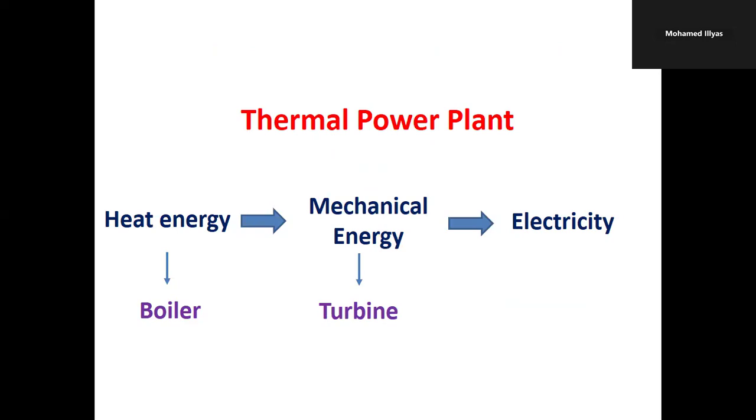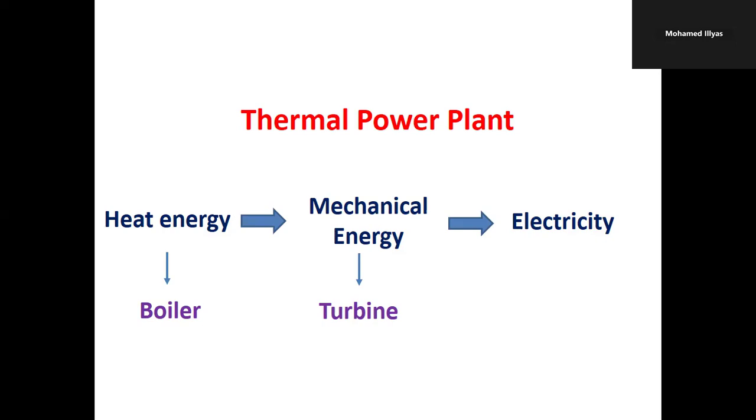So if you consider thermal power plant, generally we'll use boiler as the prominent device in the thermal power plant, which is used to generate steam in the water. For that we use fossil fuels to extract heat energy from that.